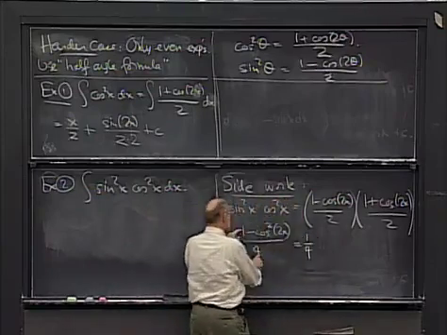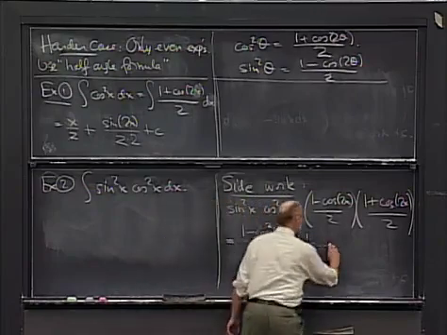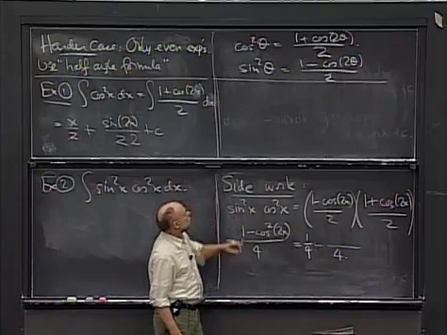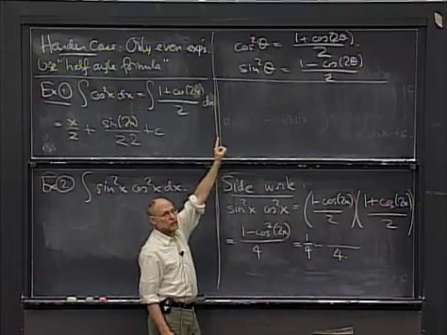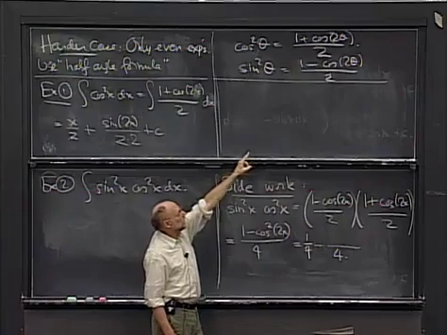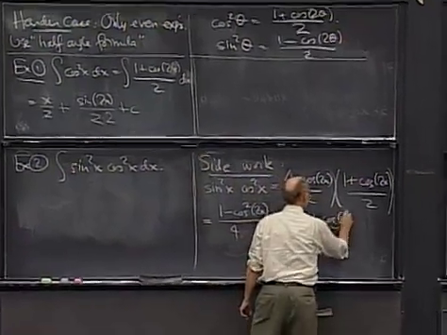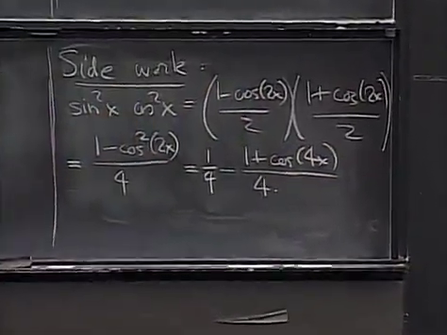So I get a quarter from this bit, and then minus a quarter of the cosine squared of 2x. Okay, now when I plug in 2x in for theta, there in the top, I'm going to get a 4x on the right-hand side. So it comes out like that.